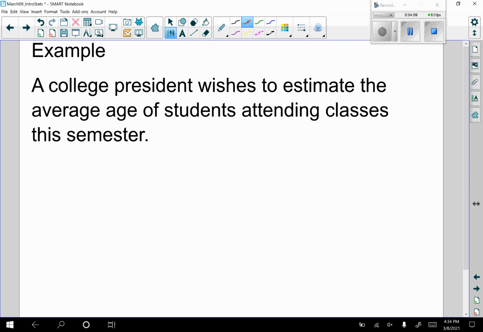So the first example that's going to pertain to this is, let's say a college president wishes to estimate the average age of students attending classes this semester. Let's say he has a sample of 100 students. Let's say the sample mean, x bar, is 22.3 years.